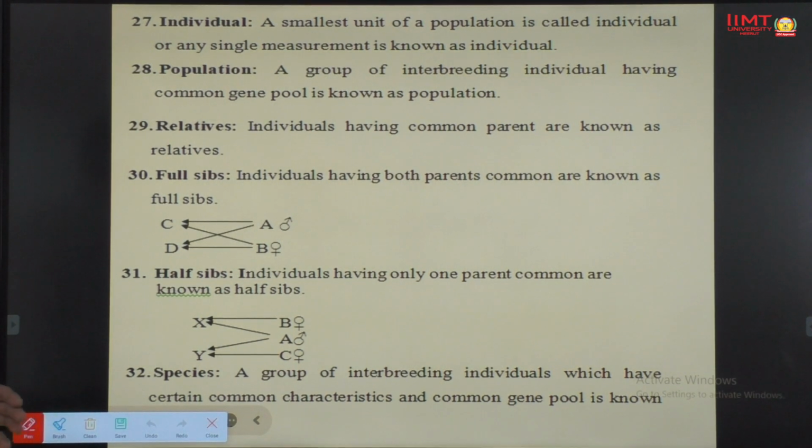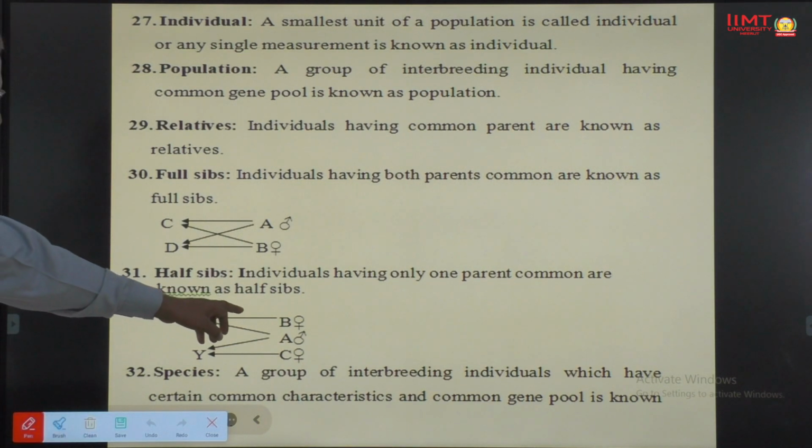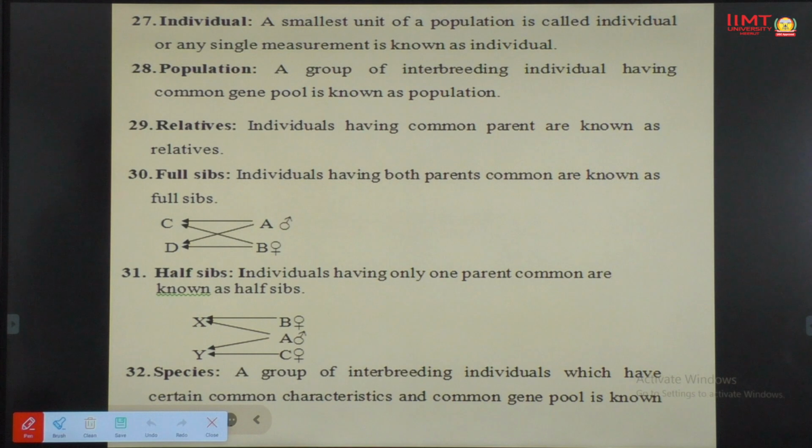Individuals having only one parent in common are known as half sibs. Here X and Y are stepbrothers, or stepbrother and sister, or stepsisters, because they have only one parent in common. Only the father is common, and the mothers of X and Y are different.